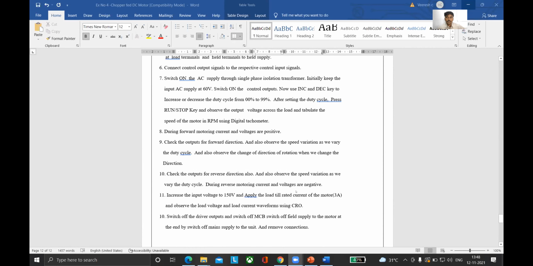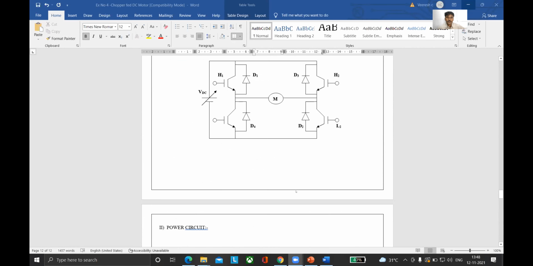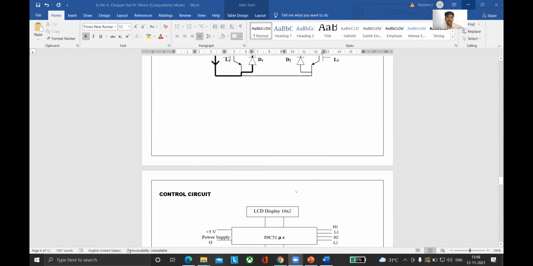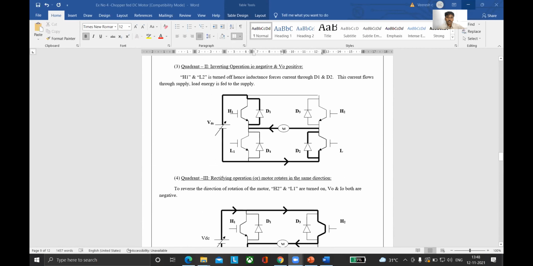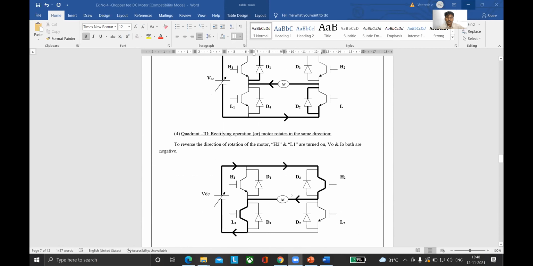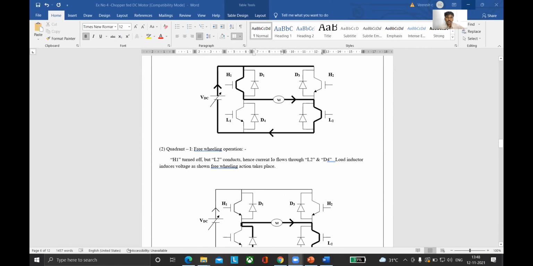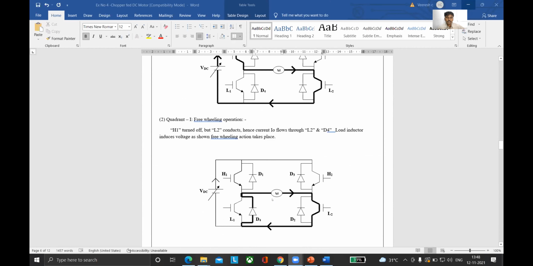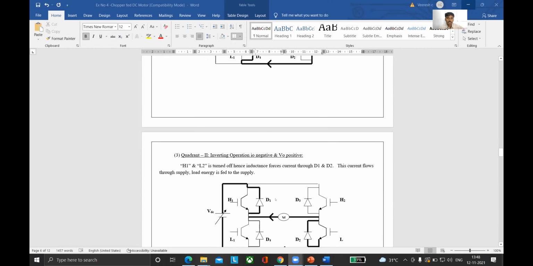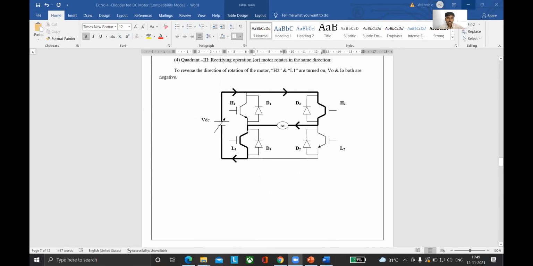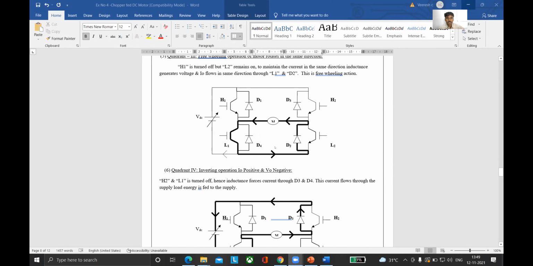If you put the switch upside, it will operate in this case and this case. When the switch is moved downside, it will connect this operation and this operation. Clear?